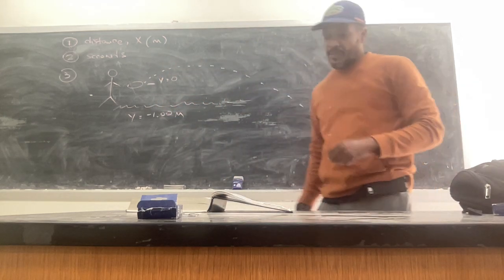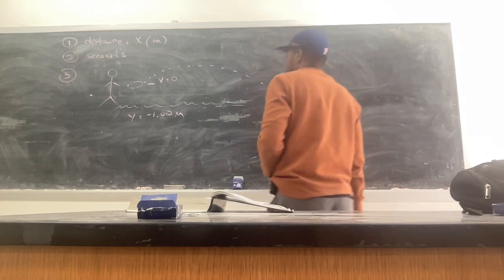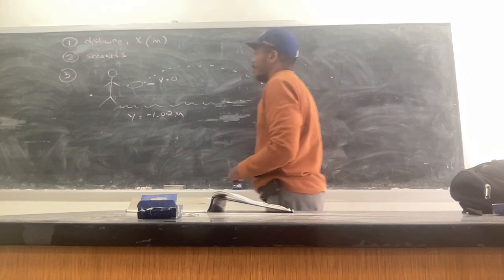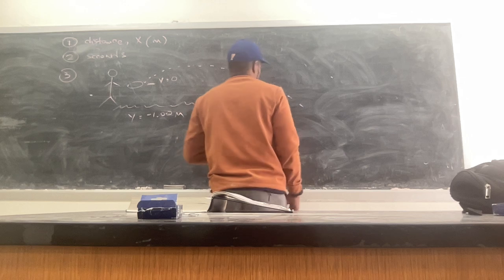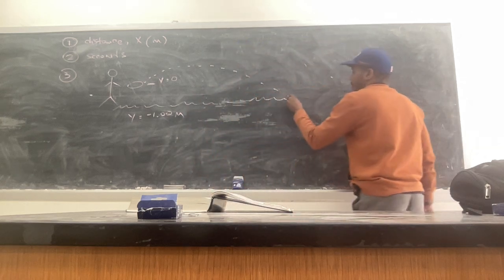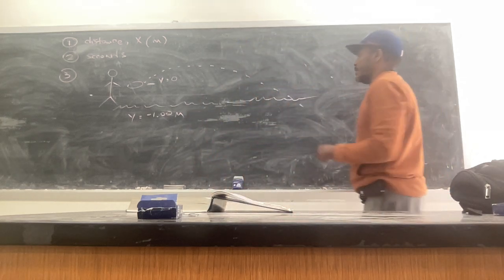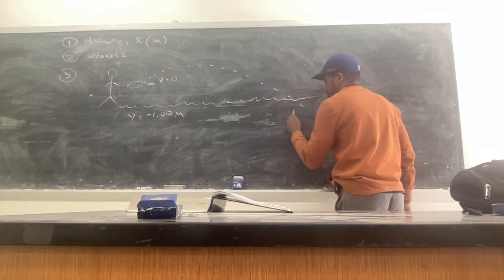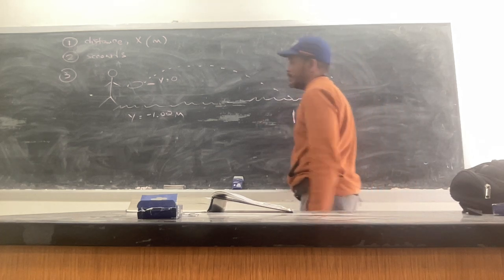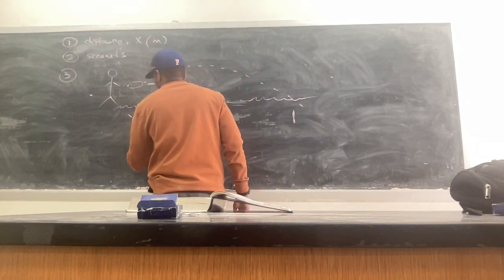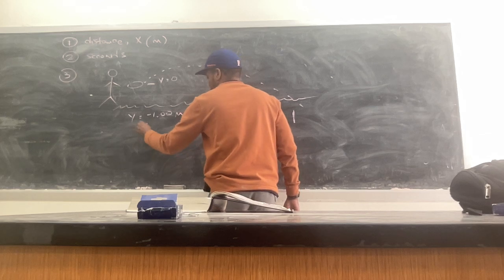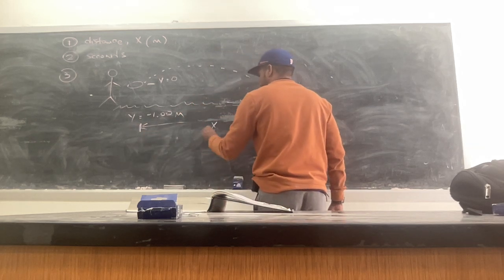So he kicked the ball, and that's what would happen if we kick the ball. So we are concerned about what? From here to here, and that represents what?